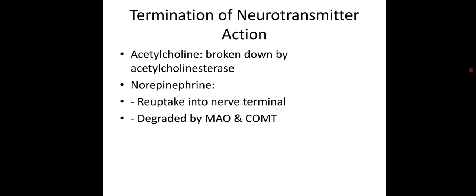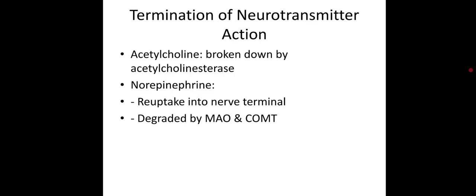Norepinephrine is taken up into the nerve terminal. Say, for example, there is a transmission from the preganglionic to the postganglionic, and then postganglionic to the target organ. In the postganglionic, there will be release of adrenaline, sorry, norepinephrine or noradrenaline. When it is released, just behind the synaptic cleft, on the presynaptic membrane, alpha 2 receptors are present.